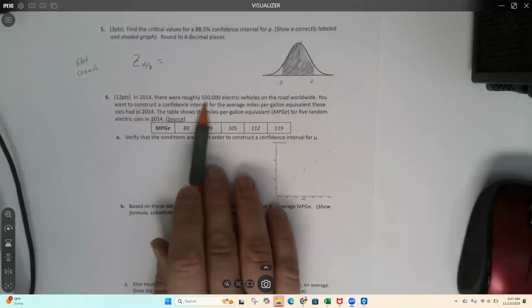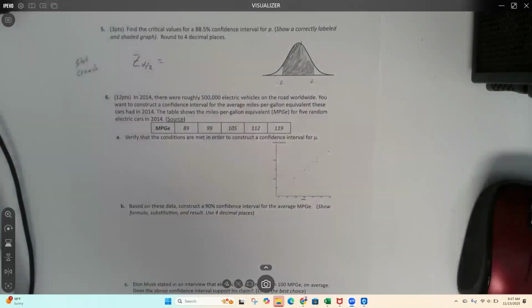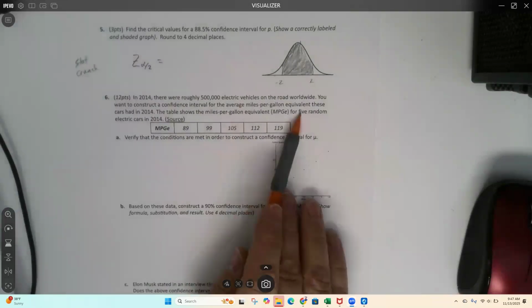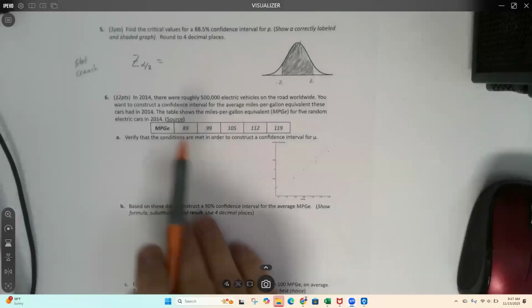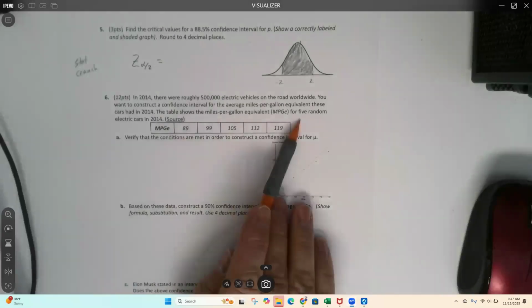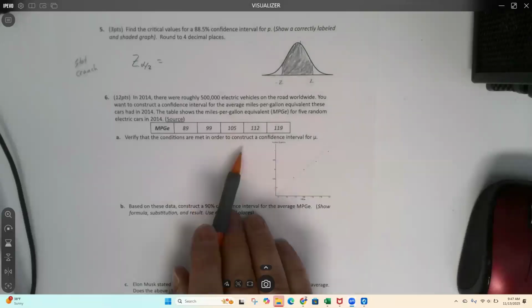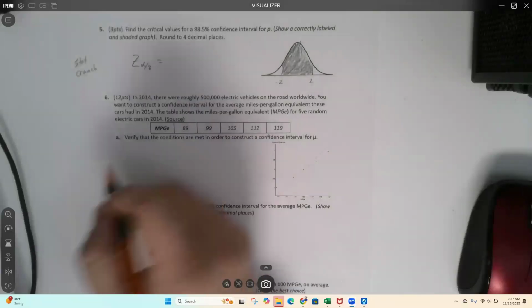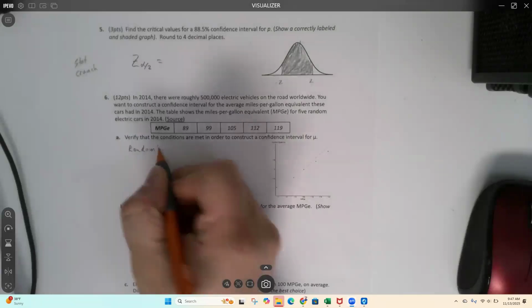In 2014, there are roughly 500,000 electric vehicles on the road worldwide. You want to construct a confidence interval for the average miles per gallon equivalent these cars had in 2014. The table shows the miles per gallon equivalent for 5 random electric vehicles. Verify the conditions are met for constructing a confidence interval. Random.